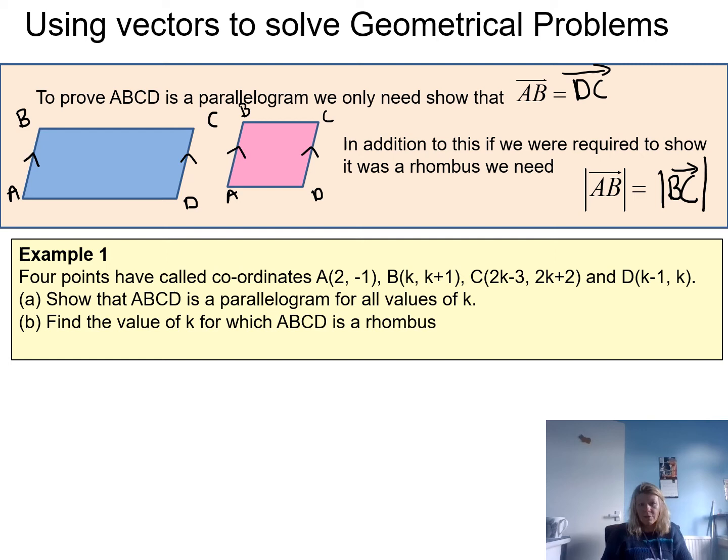So that length was the same as that length, as also showing that the A to B is the same vector as D to C.